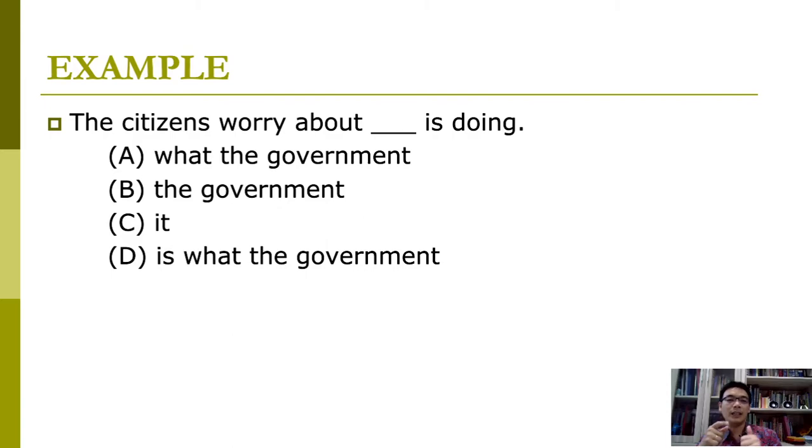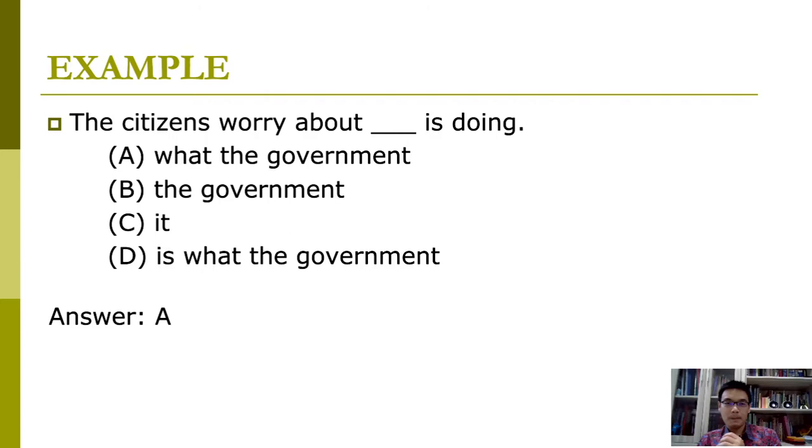We know that only A and D. Options A and D have connectors. So we omit option B and option C. Remember that we only need one connector and one subject. So the answer will be A, because option D will give us another verb, which is.